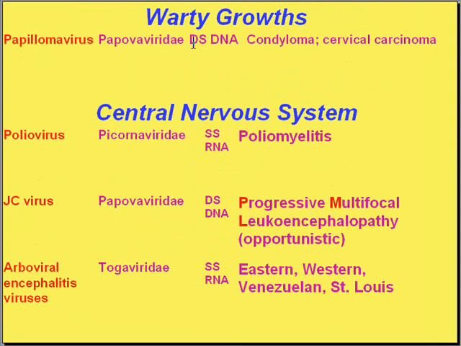I think you might remember that the papilloma viruses, the human papillomaviruses, HPV, in the Papovaviridae family, double-stranded DNA, can't really be classified with the skin eruptions or skin lesions. They have a tremendous affinity for squamous mucosa, but not necessarily skin.